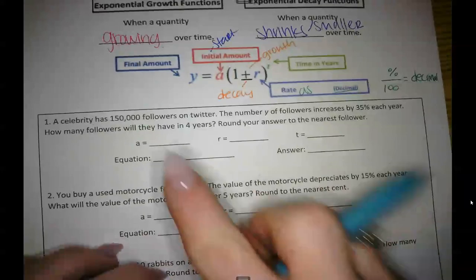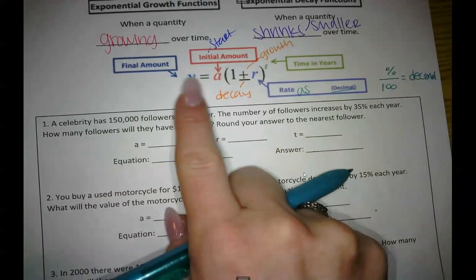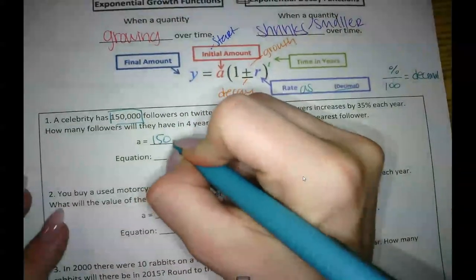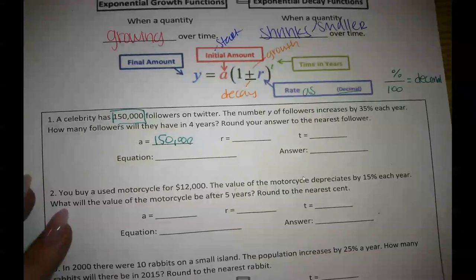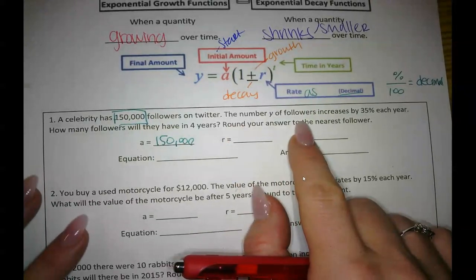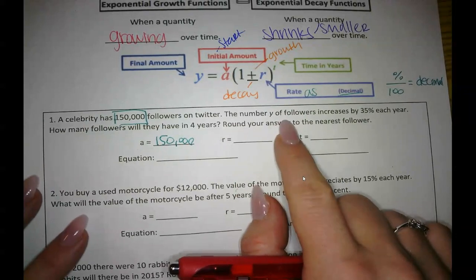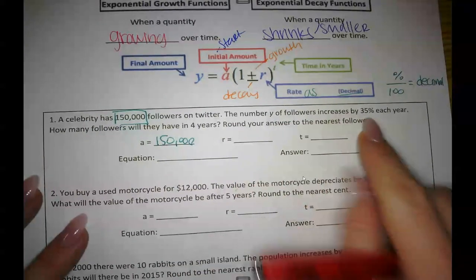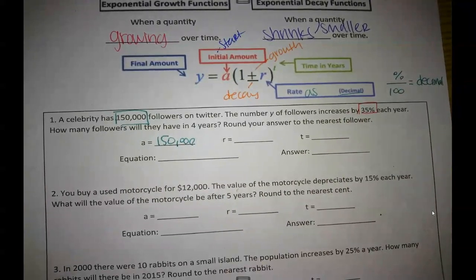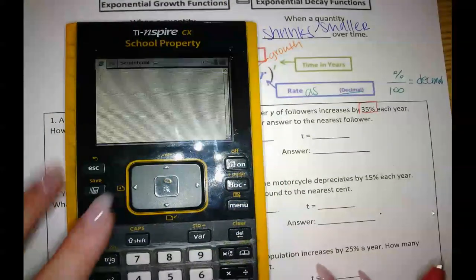So A is the initial amount. So where are we starting? Right here at 150,000. Then it goes on to say our rate is 35%. We need 35% as a decimal number, though.